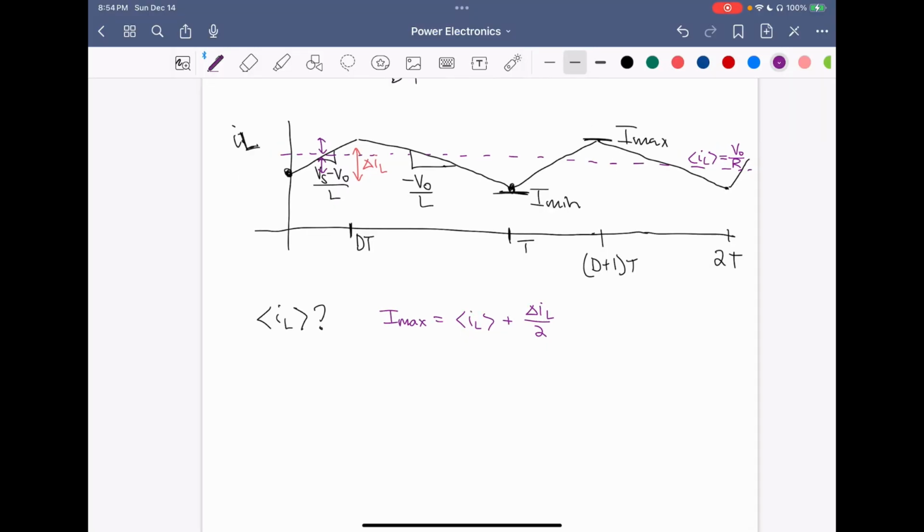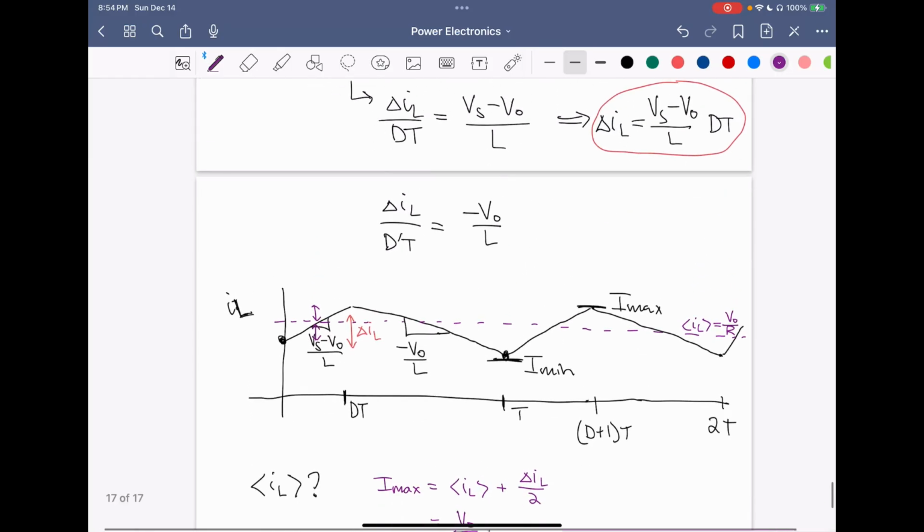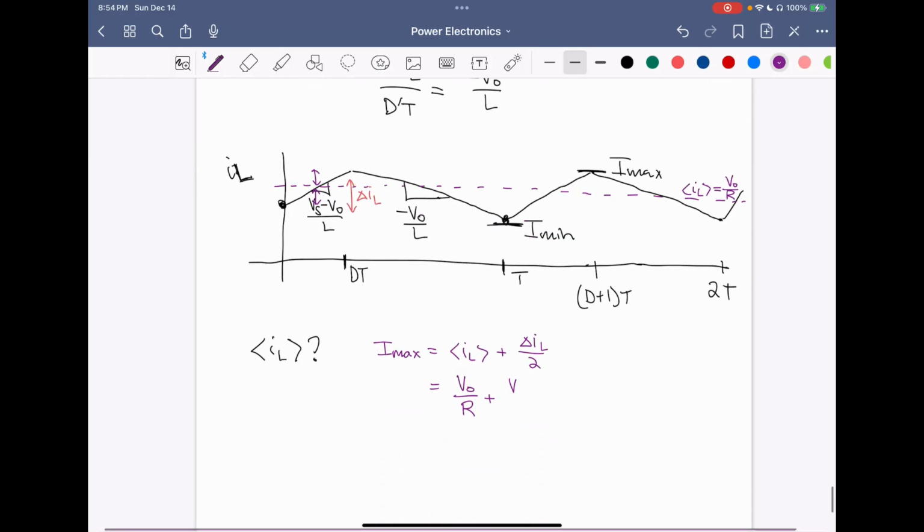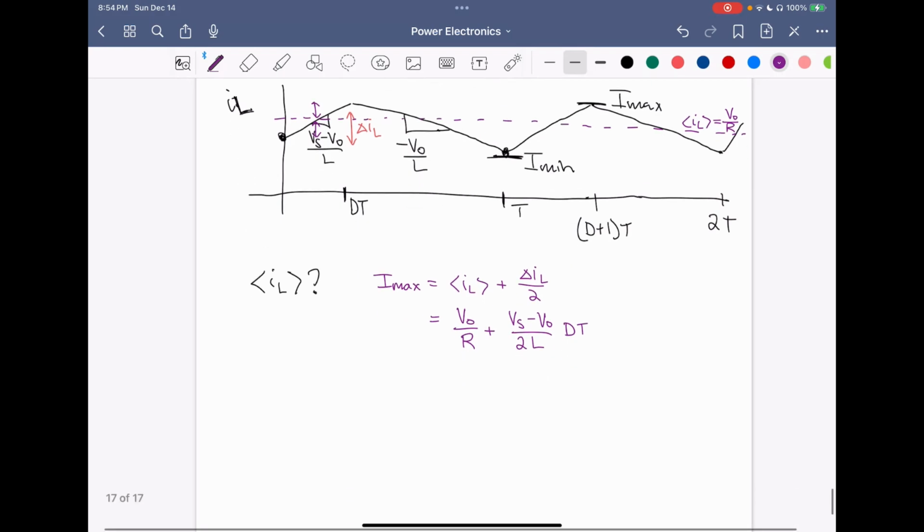So if we simplify this, substituting in the inductor current average, we get VO over R plus delta IL. So delta IL we had found was Vs minus Vo over L times dt. And then because we just want half of that delta, we add a factor of 2 in the denominator.